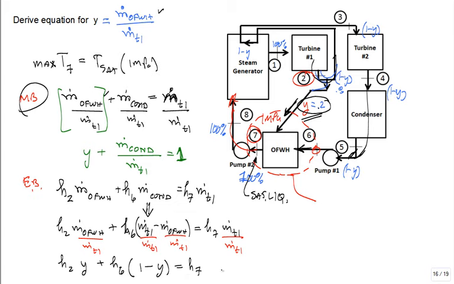Y is equal to a ratio of H7 minus H6 divided by H2 minus H6. Is that correct or incorrect? You like it? How many people like it?